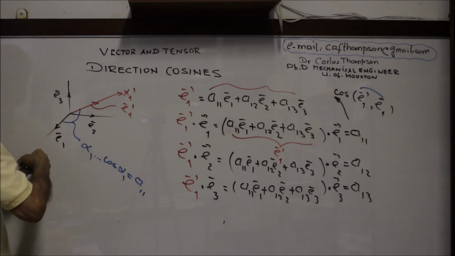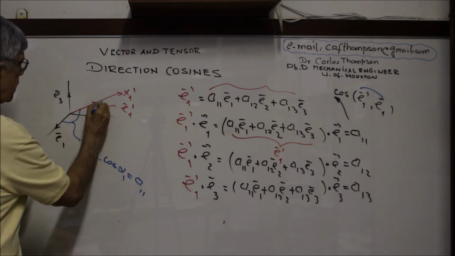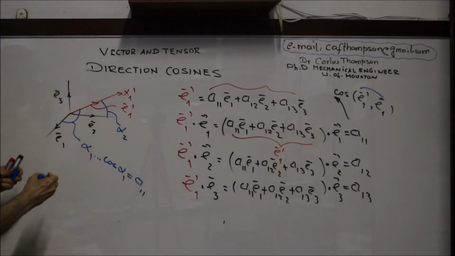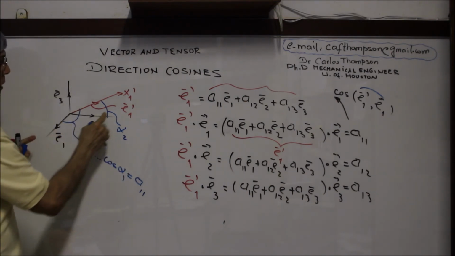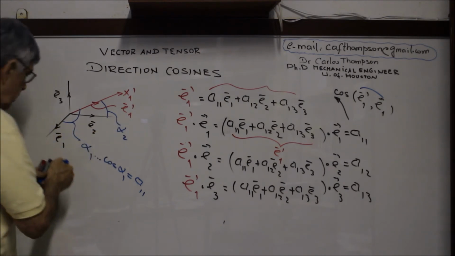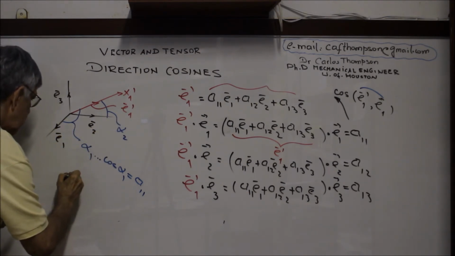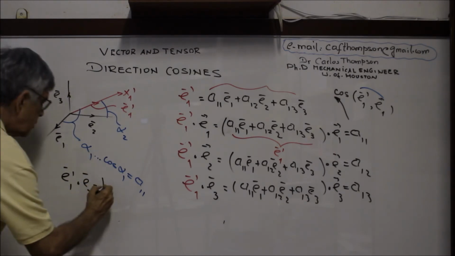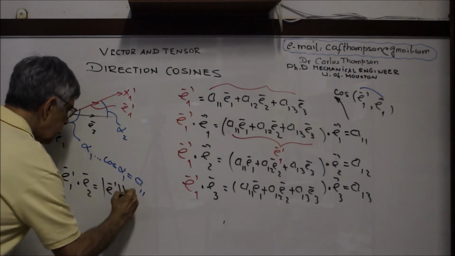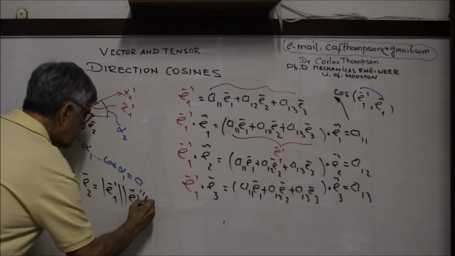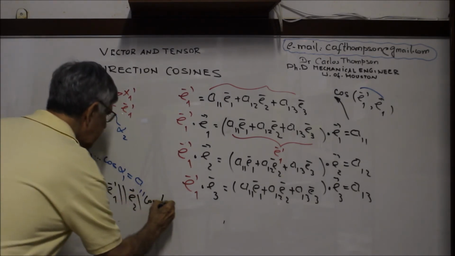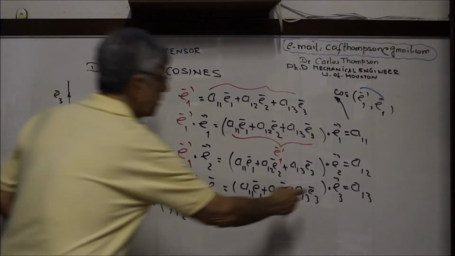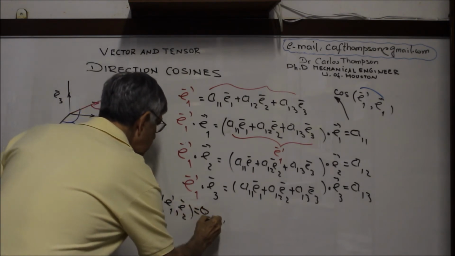So there is another angle over here. Let's call it alpha 2. The dot product E prime 1 dot E2 is equal to the magnitude of E prime 1 times the magnitude of E2 times the cosine between E prime 1 and E2. This is A12.